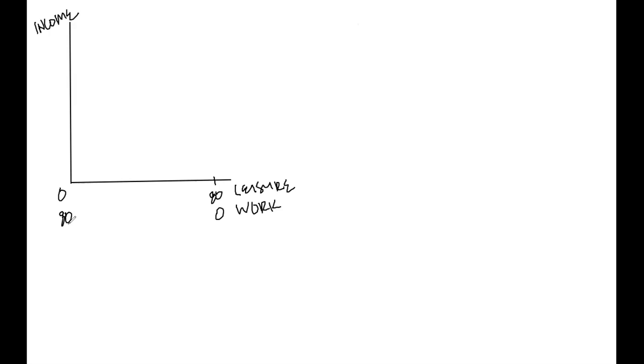We have to calculate how much income she would bring in if she worked 80 hours, which we can do from 80 times 6.50. And that gives us 520. So we know that this y-intercept is going to be 520.